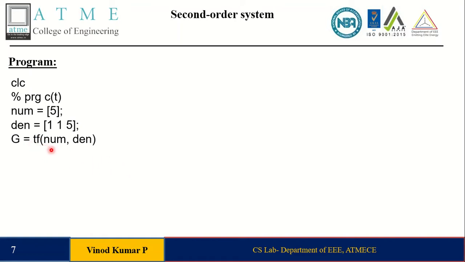You write the syntax tf, numerator, denominator, and Kp is the DC gain of the transfer function, because we need to calculate the steady state error for unit step, unit impulse, or any input signal that you are providing to the system. ESS is the steady state error, which is given as 1 divided by 1 plus Kp. Kp is the DC gain of the transfer function, numerator by denominator.